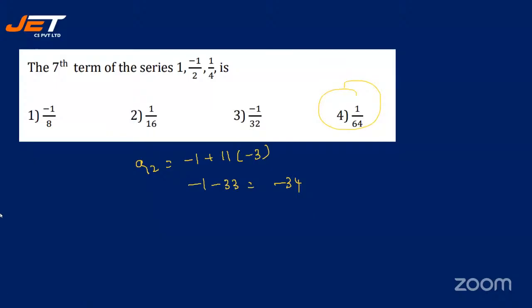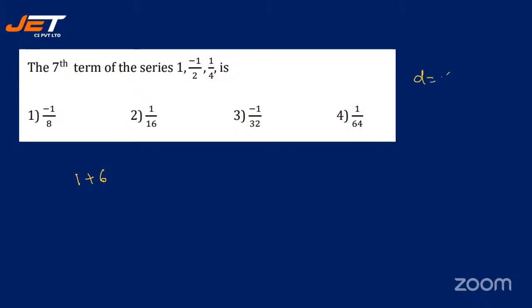I have to clear this once again. What is the seventh term? So a plus n minus 1 into d, isn't it? So a plus 6, 7 minus 1, 6 into d.